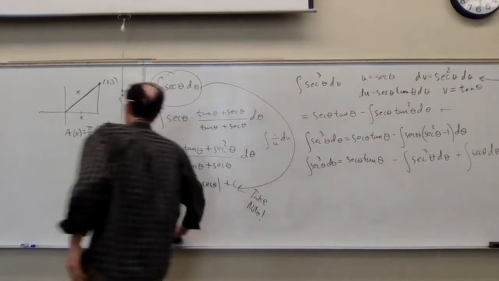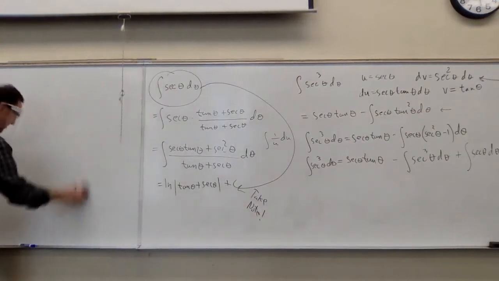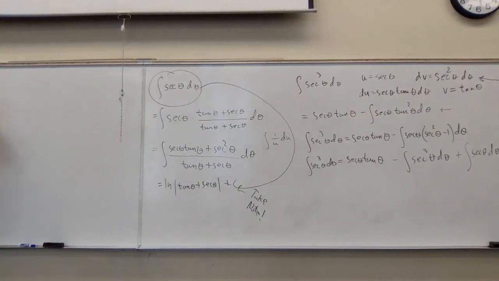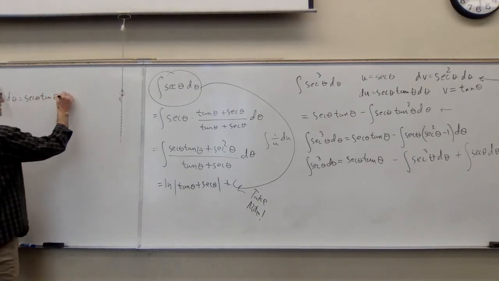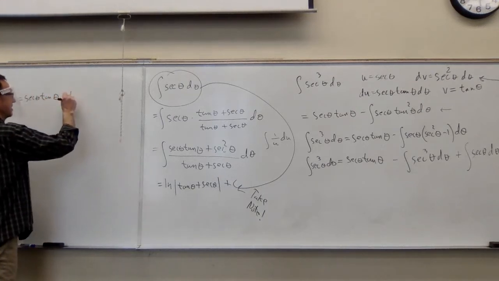So we get here two integrals of secant cubed is equal to secant theta tangent theta. That piece has been patiently waiting for us. Plus the integral of secant, which is right there.